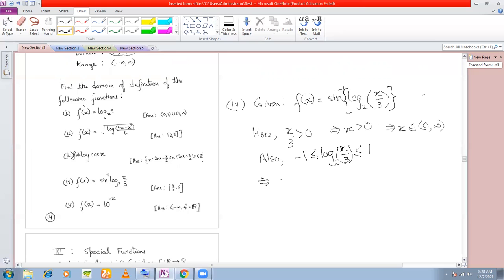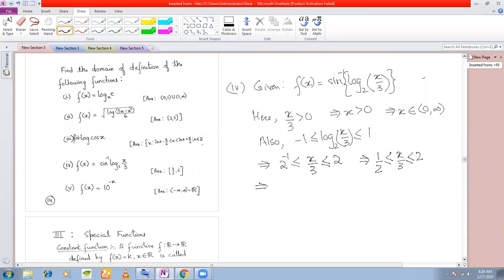So from the definition of log, you get 2 to the power of -1 less than or equal to x by 3 less than or equal to 2 to the power of 1. That means half less than or equal to x by 3 less than or equal to 2.